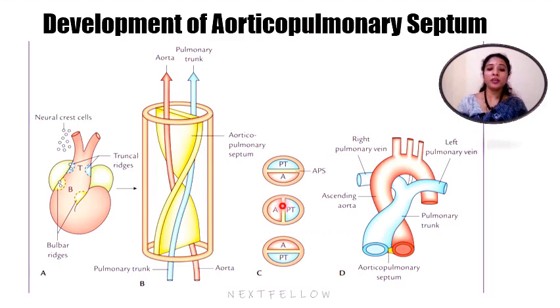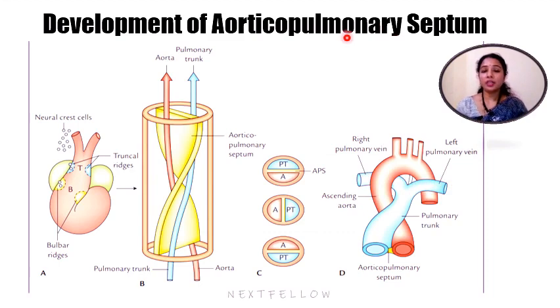In the middle part we can see aorta and pulmonary trunk on each side. In the upper end we can see pulmonary trunk lies posterior and aorta lies anterior. So this is the lower part, this is the middle part, and here the upper part. And the arch of aorta is from the fourth arch arteries. The right and left pulmonary arteries are from the sixth arch arteries.